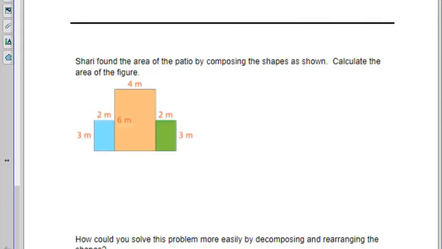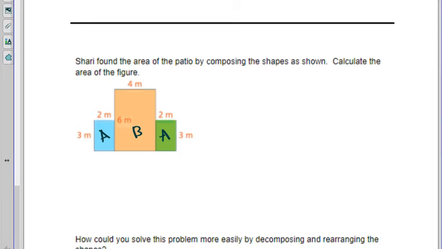Here's one for you to try. You have a composite figure, it's a patio I suppose, made up of 3 rectangles, and we want to find the area of the entire shape. In other words, all 3 of those put together. So, looking at this, I have this shape, I have this shape, and this shape looks the same as the first one. So go ahead and calculate the area of that, just as it is.